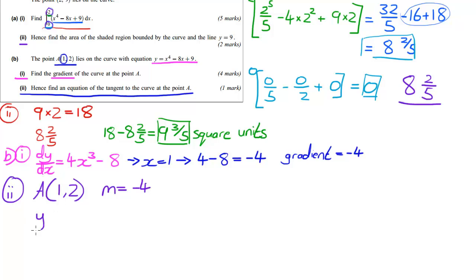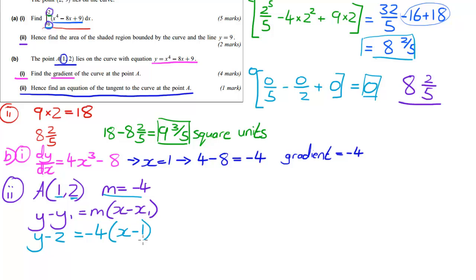Then we can look for y minus y1 equals m of x minus x1, and then hopefully you know how to plug in these values by now. So this is going to be our x1, and this is going to be our y1, and that's m there, you can see that. So y minus 2 is equal to minus 4 times x minus 1.